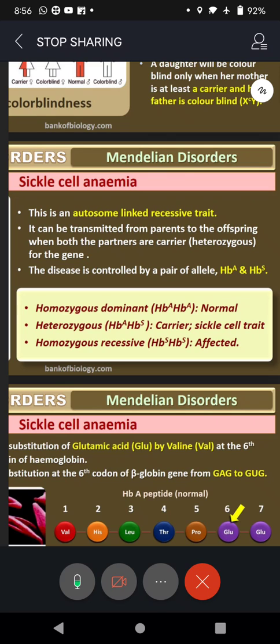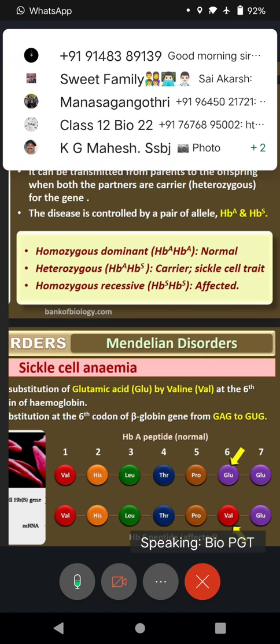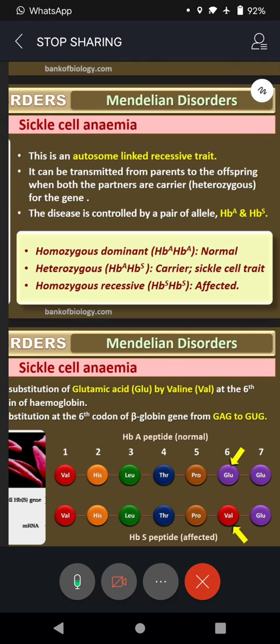The disease is controlled by a pair of alleles called HBA. Why are we writing HB here? Hemoglobin. Good. Hemoglobin A and hemoglobin S. What would be the genotype that causes sickle cell anemia?